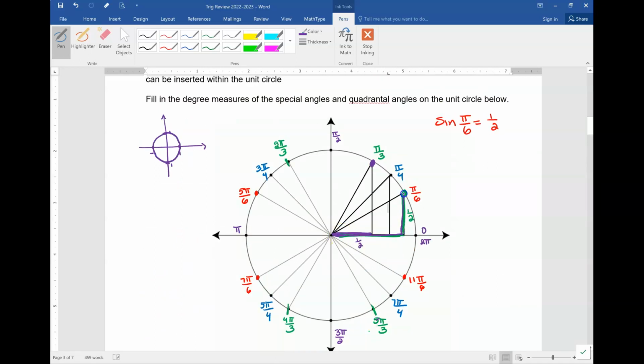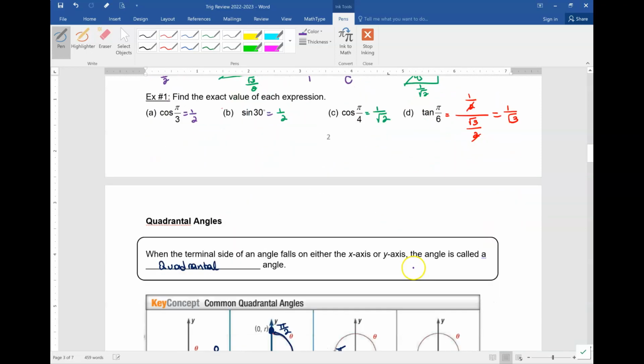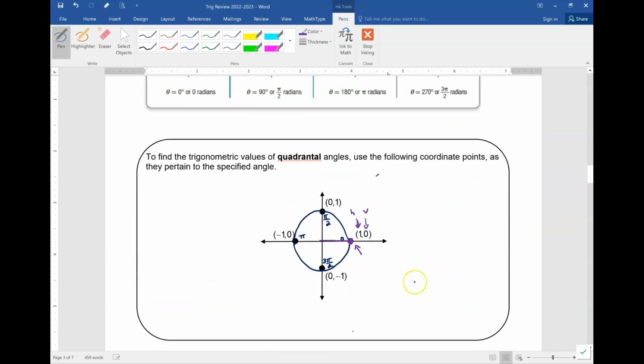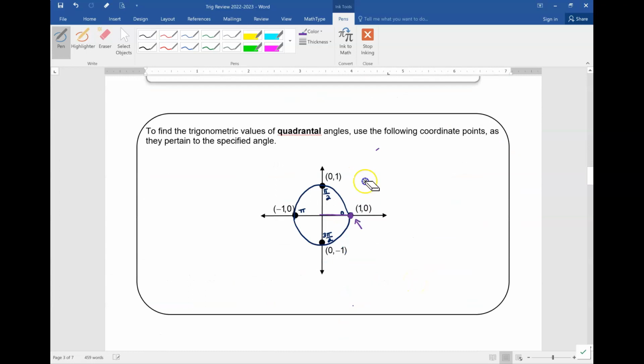Horizontal and vertical. The horizontal distance was always the cosine, and the vertical was always the sine. So now if I go up here, the horizontal is always the cosine, and the vertical is always the sine. So for each of these there are cosine and sine values.